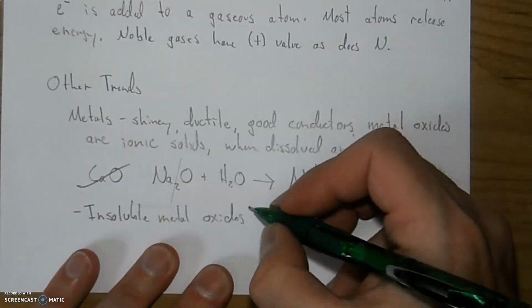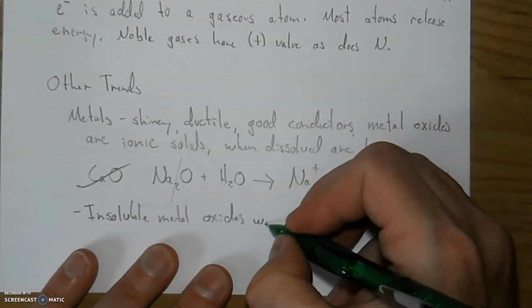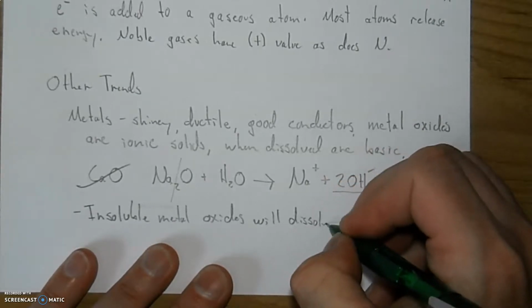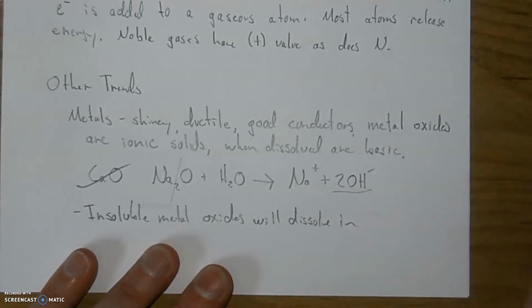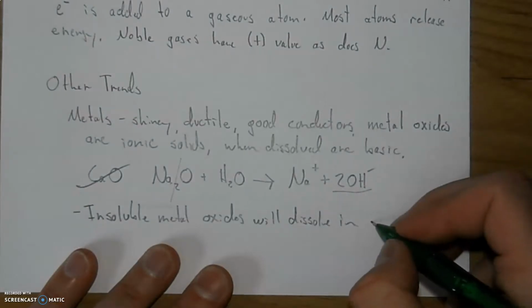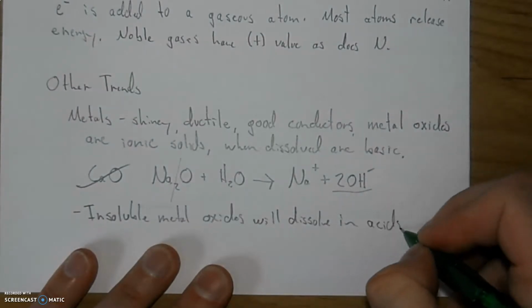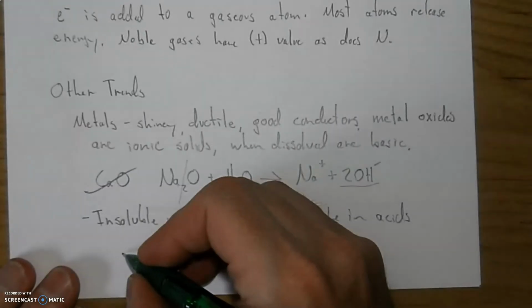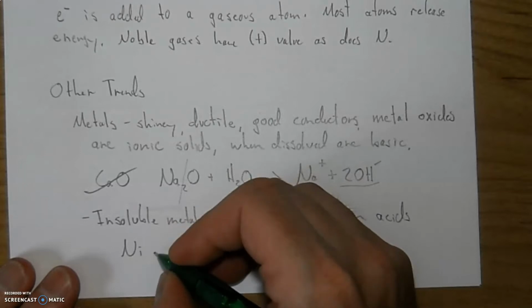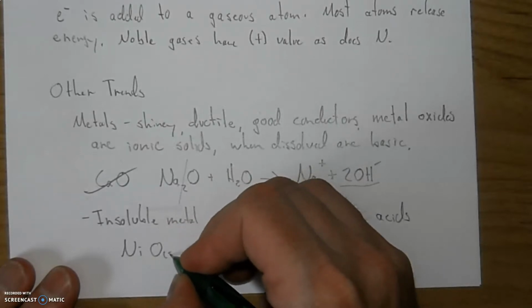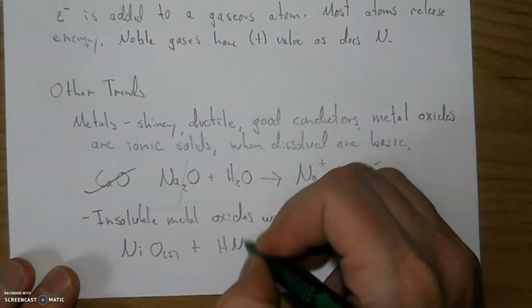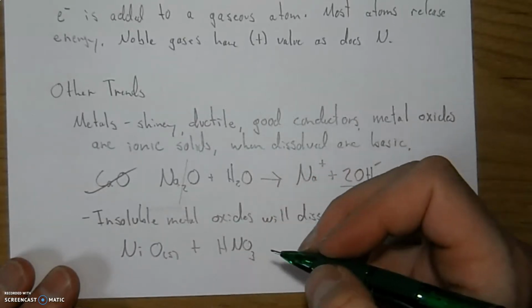So insoluble metal oxides will dissolve in, take a guess, acids. It will dissolve in acids. And the example we'll put together here is nickel oxide, solid, plus nitric acid. Pretty nasty stuff.